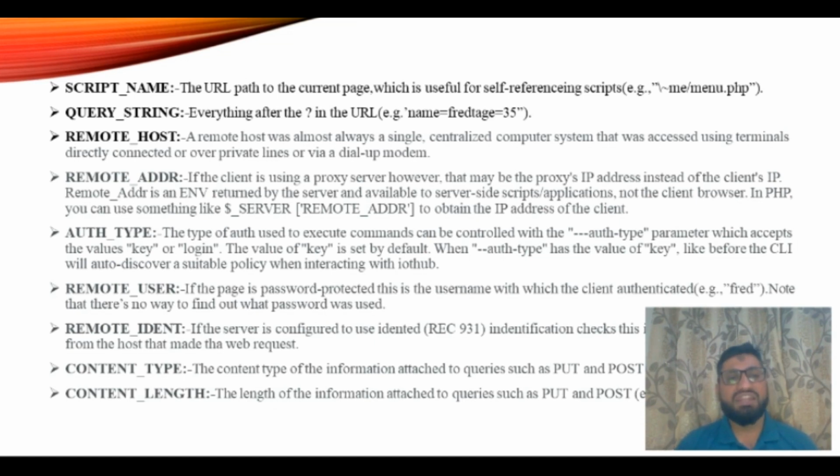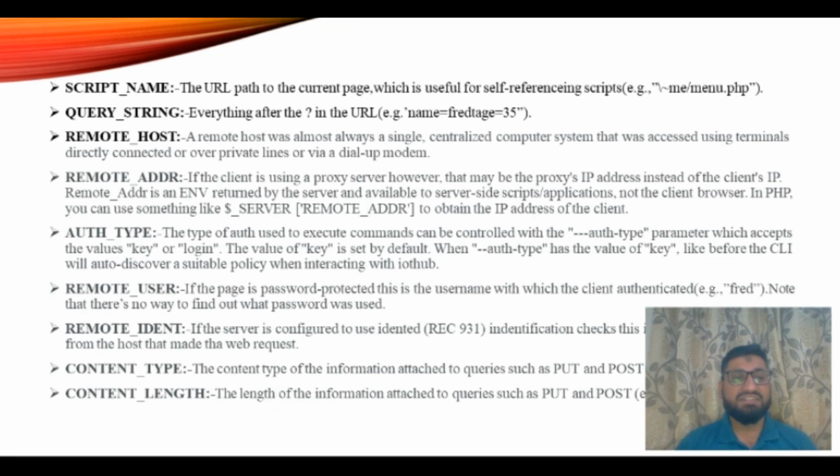Query string, everything after the URL, for example the things that we give in the URL, example name. Remote host, a remote host was almost always a single centralized computer system that was accessed using terminals directly connected or over private lines or via dial-up modems.